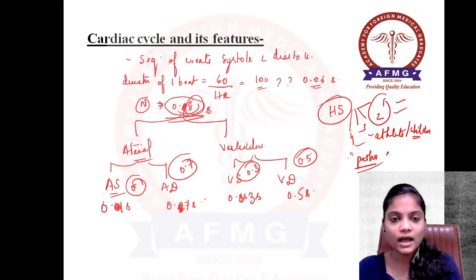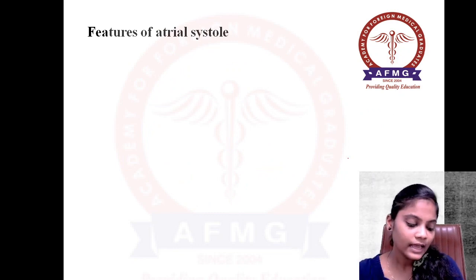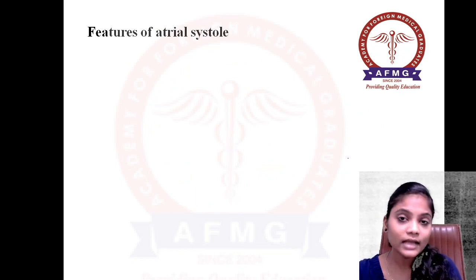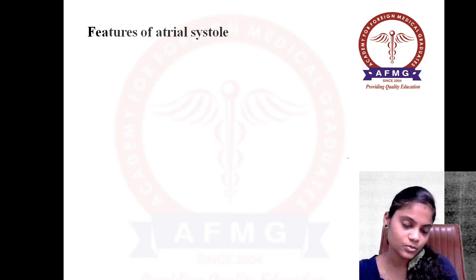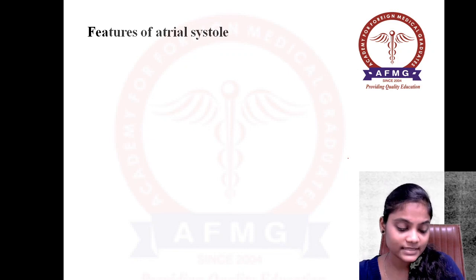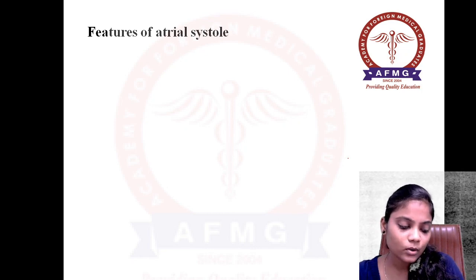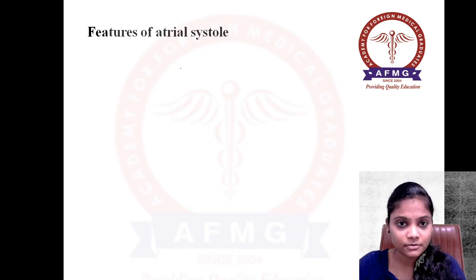In the next part, a very short overview about what happens in your atrial systole and what happens in your diastolic part is what we are going to discuss. If I am speaking about the atrial systole, it starts from the contraction.